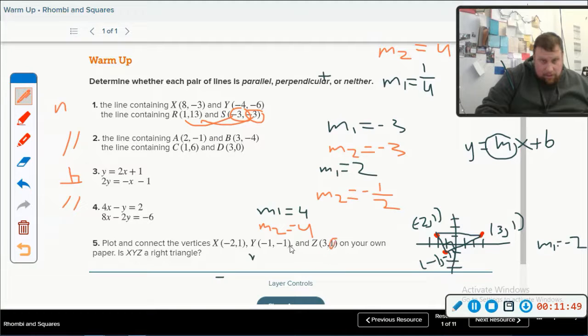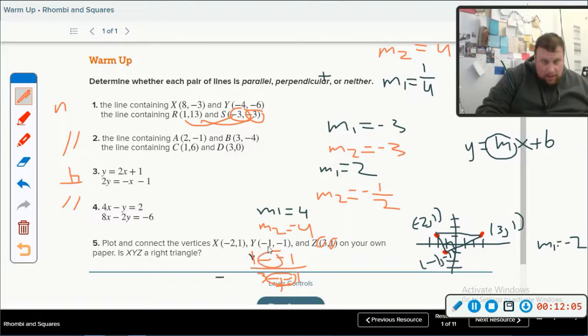it's going to be 1 minus -1 all over 3 minus -1. So that's going to be a plus.